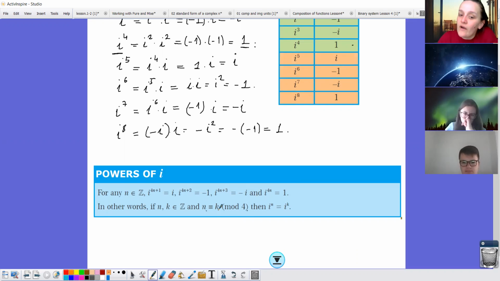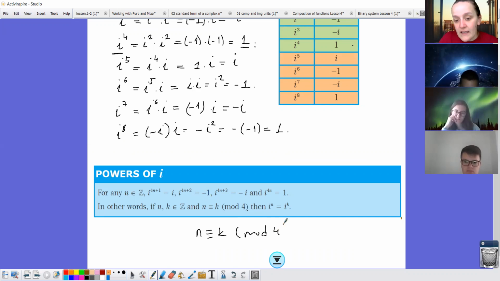This means when you divide n by 4, the remainder is k.